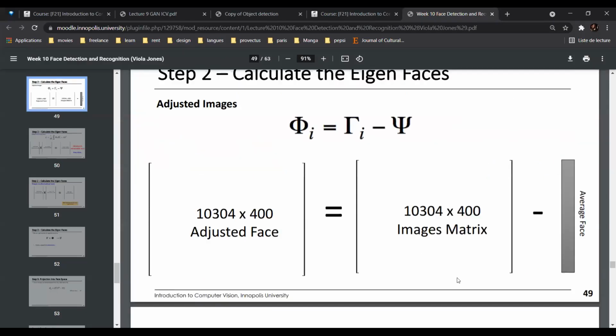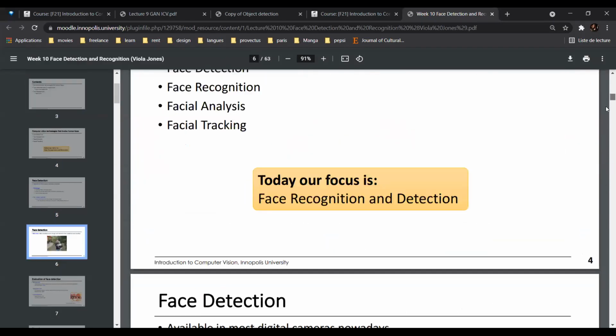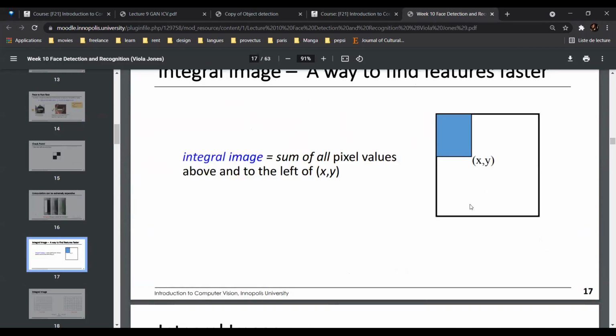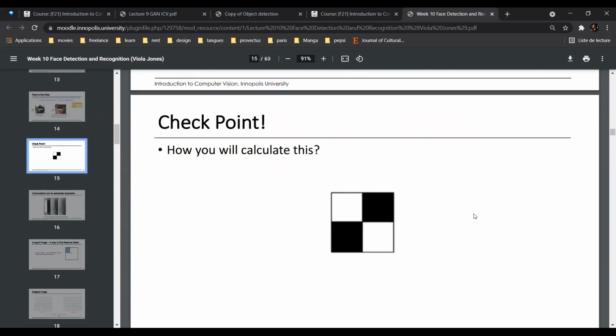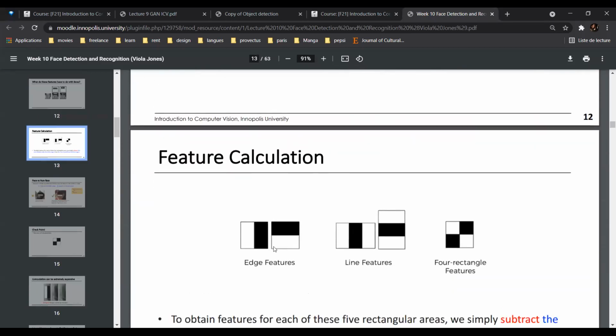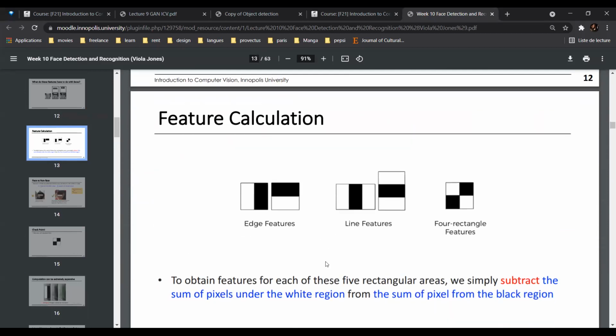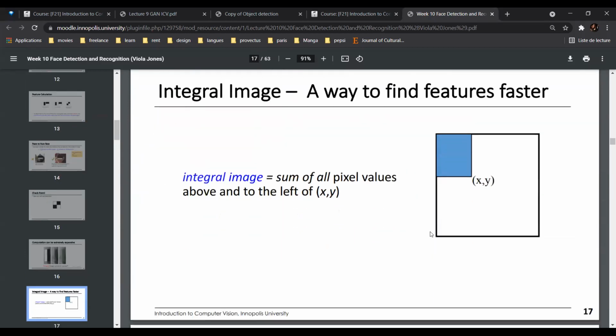So again, what we have covered in today's course is facial detection using the Viola-Jones algorithm, which is a very simple algorithm, as we said. It uses these Haar-like features to detect faces. We saw that there are lots of these Haar-like features.